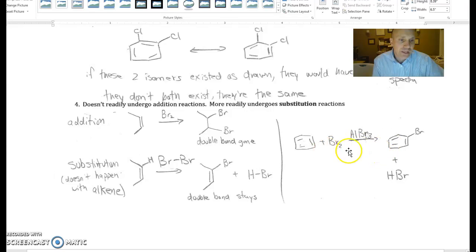But instead, what you get is you only get what would be considered monosubstitution. You only get a bromine on one of the carbons, and you also generate HBr as a byproduct. So the fact that this does not undergo the type of reaction that you typically see with alkenes is evidence that this molecule here is more stable than it would be if it was three separate double bonds.